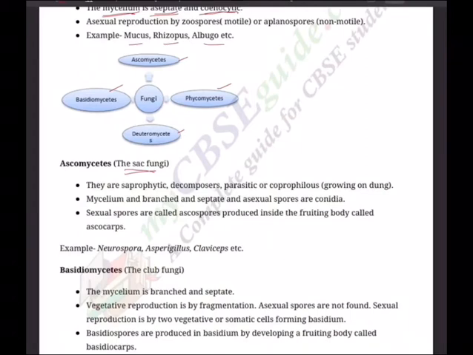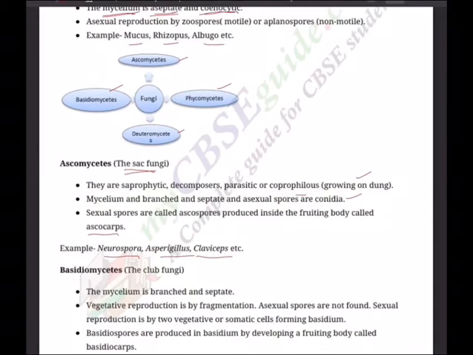They are saprophytic, decomposers, parasitic, and coprophilous, that is, growing on dung. Mycelium is branched and septate, and asexual spores are conidia. Sexual spores are called ascospores, produced inside the fruiting body called ascocarp. Examples, Neurospora, Aspergillus, and Claviceps.